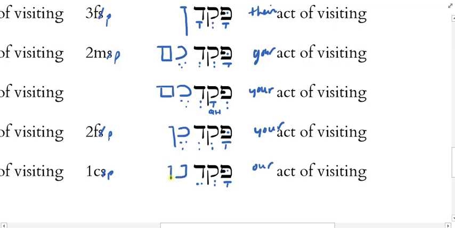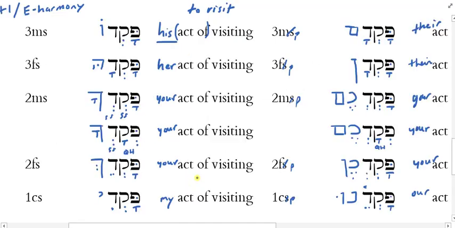Denu. Poke-denu. Sus, horse. Sus-enu, our horse. Poke-denu, our visiting. All right. So those are the forms.